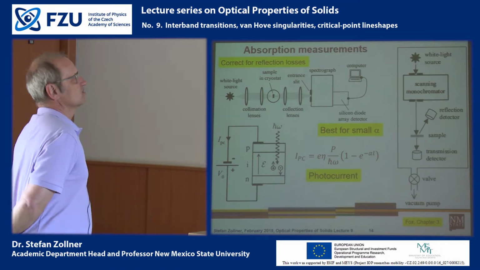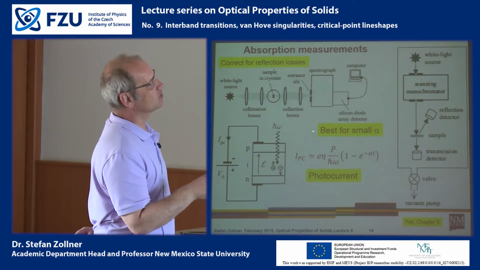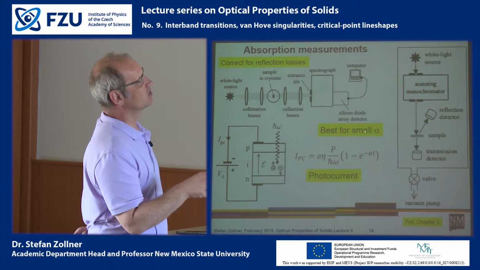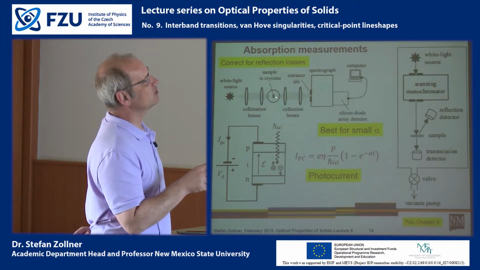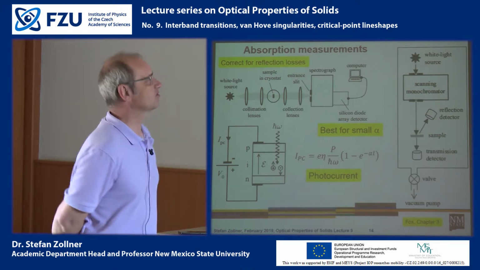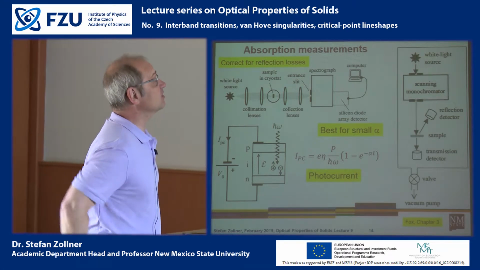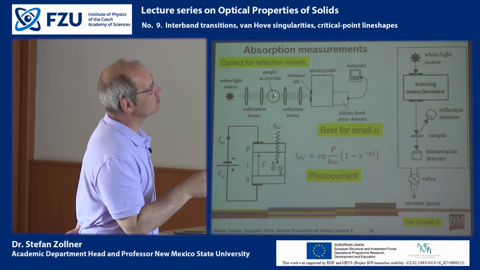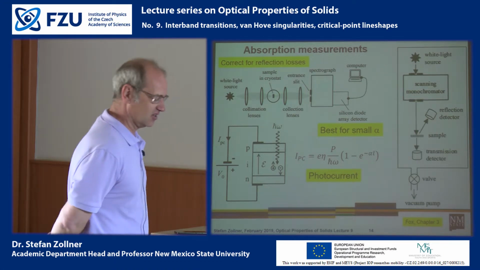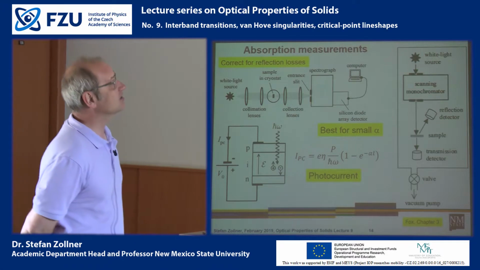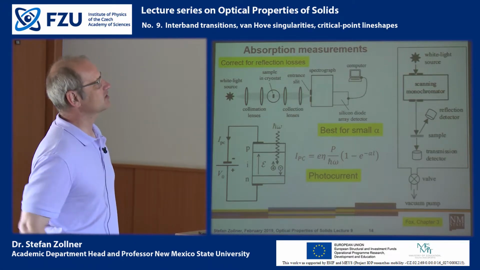So this technique is very, very good for small absorption coefficients, but the problem is that we need to correctly consider reflection losses. And here this is even more difficult because the light is focused onto the sample, so the angle of incidence is not normal for all photons, so it's difficult to correct for reflection losses.